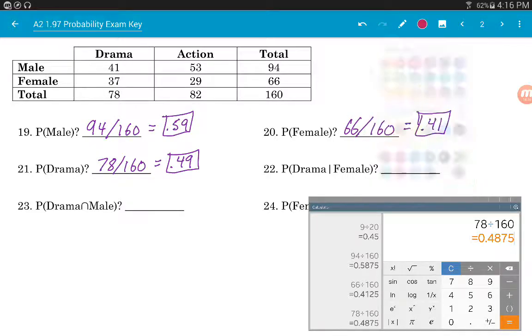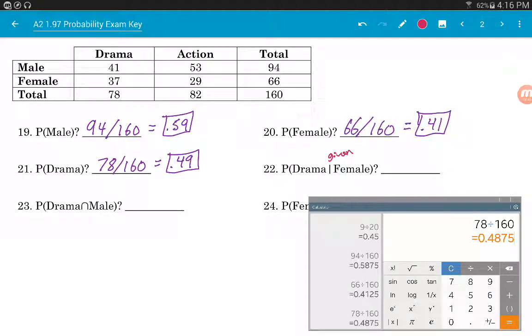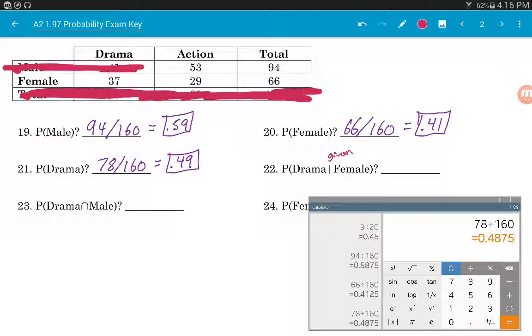I think it's time for a color change. The probability of drama given female. So remember what a given does. A given tells me to ignore all the other data. So if I'm given that the person is female, that means I'm not interested in any of the other rows. So let's cross these out. None of these other numbers matter to me because I was given that this person is female.